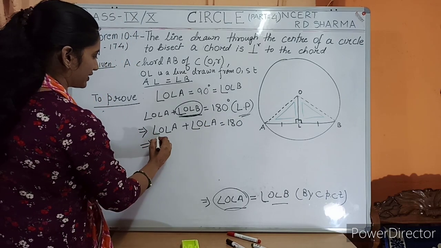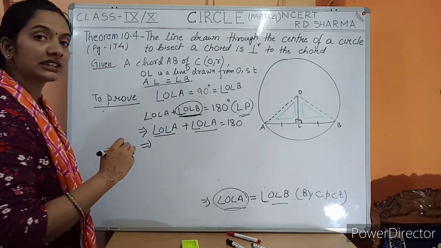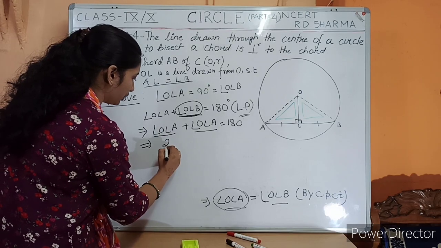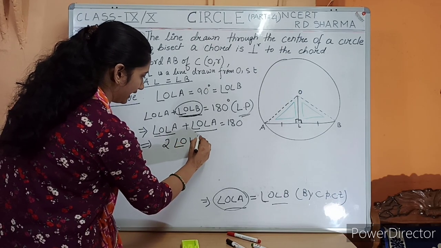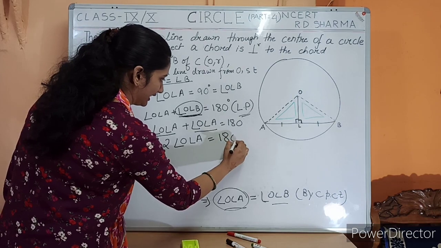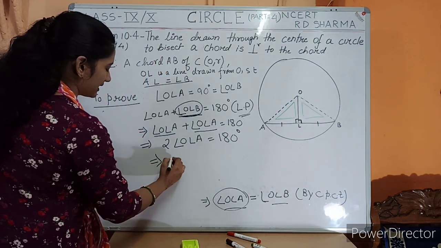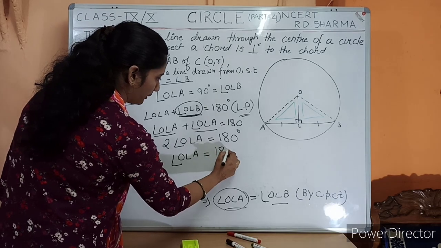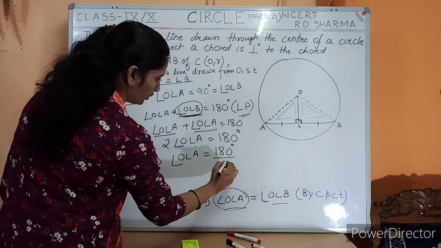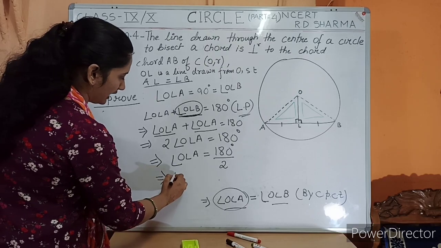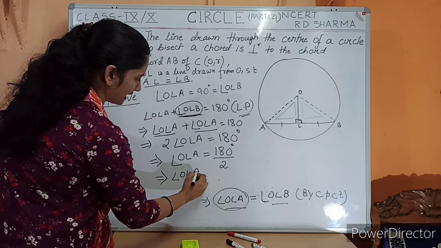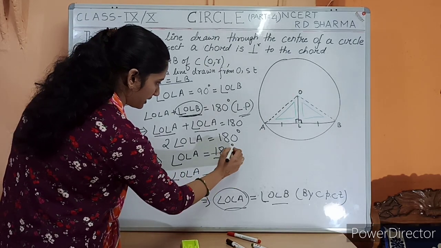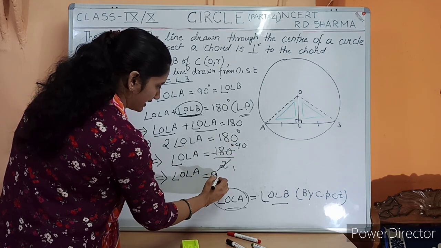So what do we get? As you can see, this and this are the same. So we can write twice of angle OLA must be equal to 180 degree, and this implies angle OLA is 180 by 2, and that is nothing but 90 degree. We will cancel out. This is one time, this will go, 90. So 90 degree.